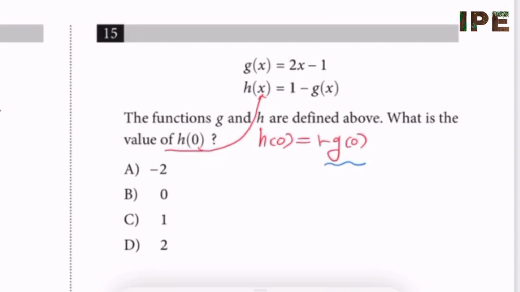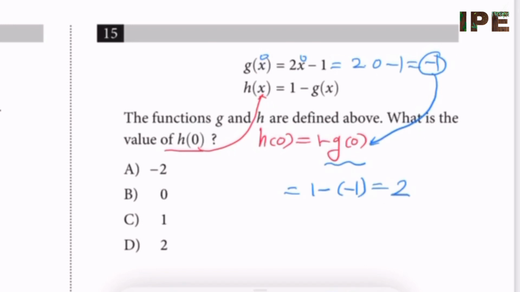That means plug in 0 for x here. So g(0) is 2 times 0 minus 1, which is negative 1, right? Plugging back in here, 1 minus negative 1, that is h(0), which is 2. So h(0) is equal to 2.